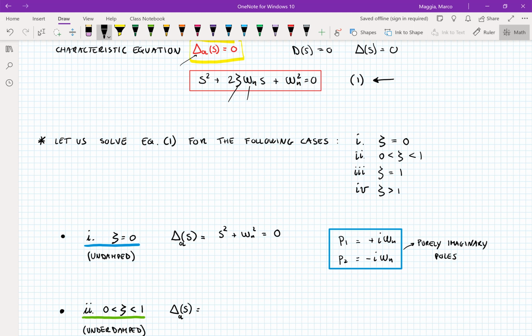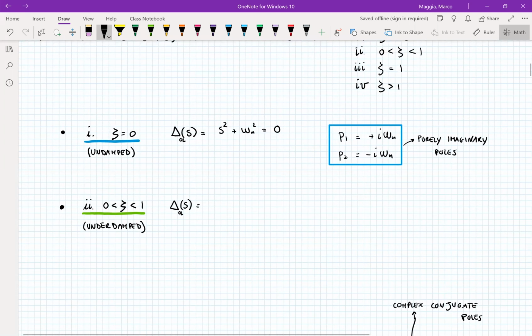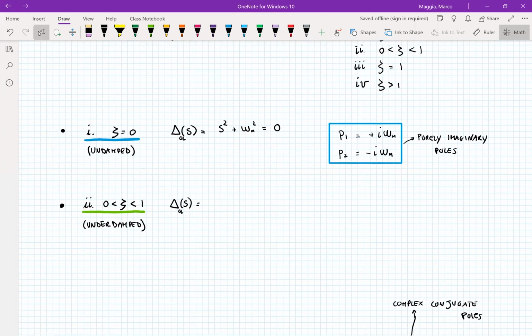Case 2. What if the damping ratio is between 0 and 1? Well, in this case, we maintain the whole equation, including the second term. And just take a look, this is simply a quadratic equation. So normally we would have a s squared plus b s plus c equals 0.